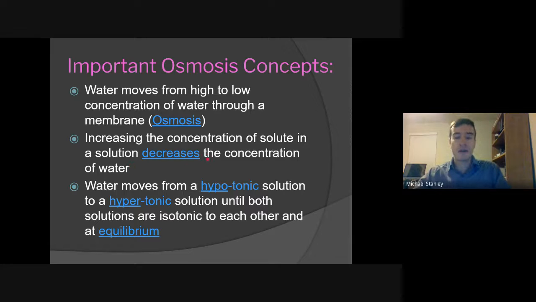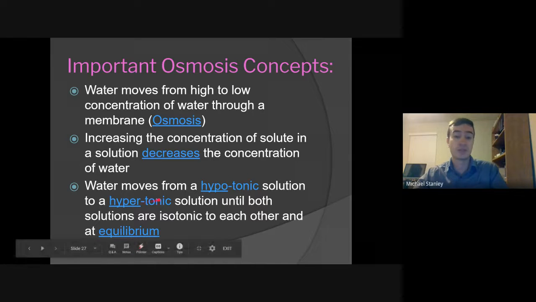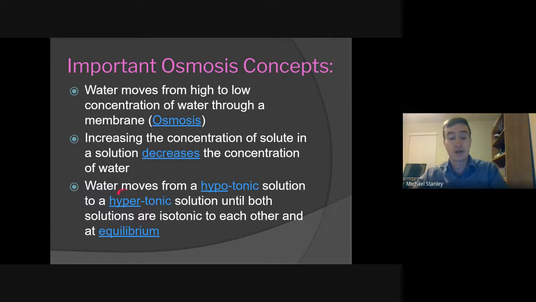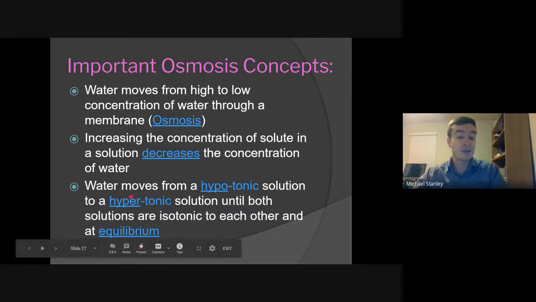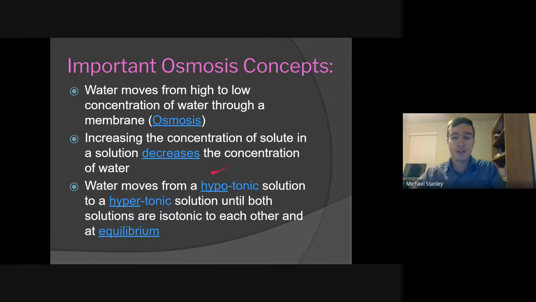Hypotonic means you have low solute, high water. And since the water is high, it's going to naturally move into a hypertonic solution. Hyper means high solute, low water. So water, through osmosis, goes from a high concentration to a low concentration.